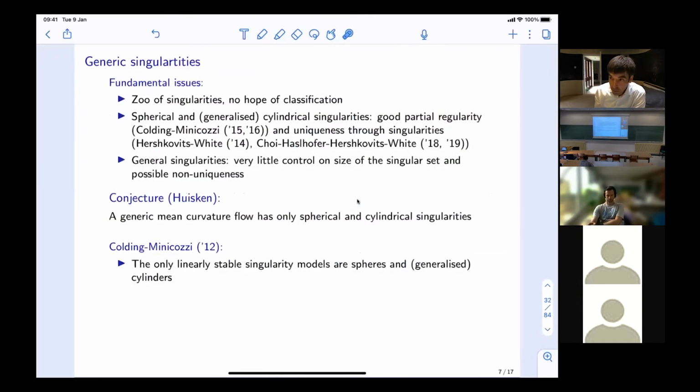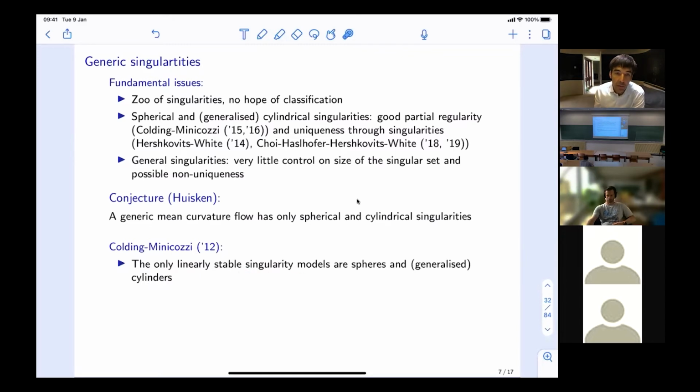Now, there was first fundamental work of Colding-Minicozzi, and I'll explain this in a moment. They showed that you can get a good setup for what it means for a singularity to be linearly stable. They show that the only linearly stable singularity models are spheres and generalized cylinders.